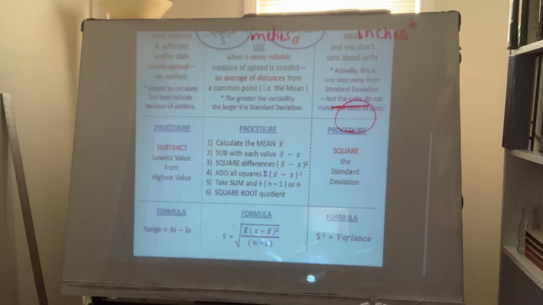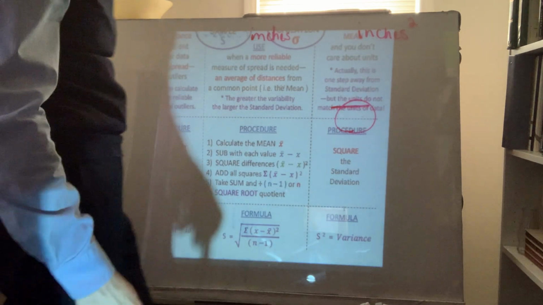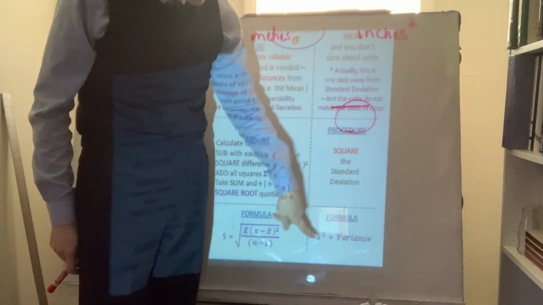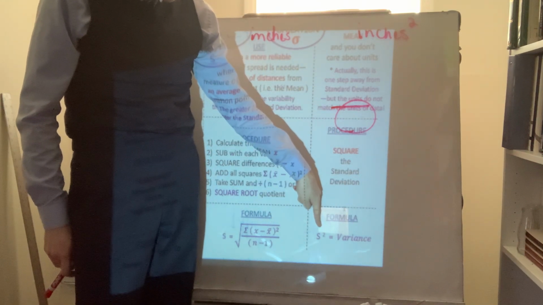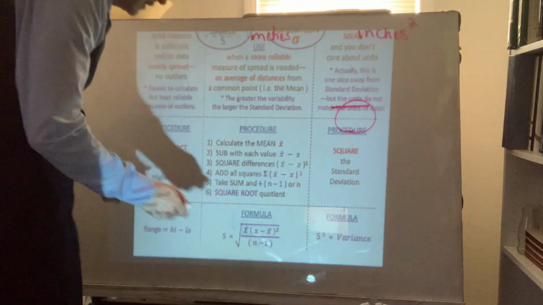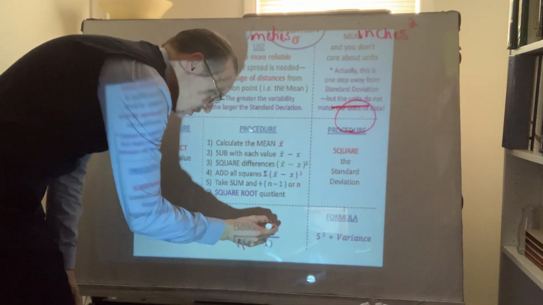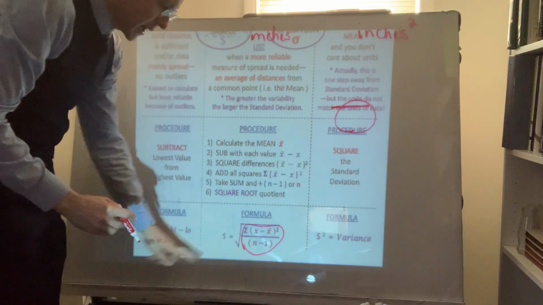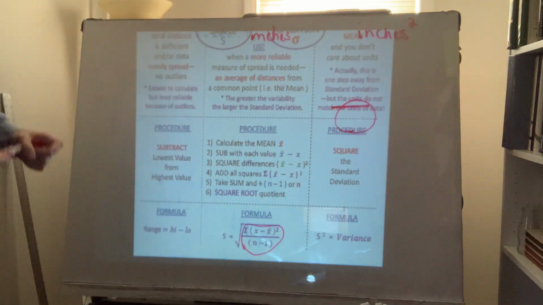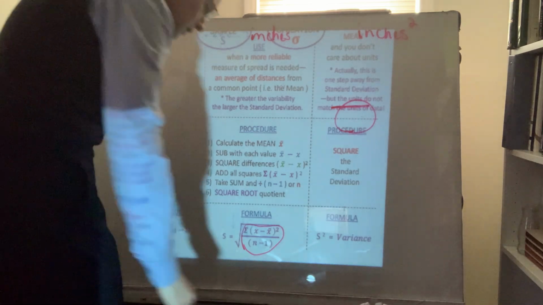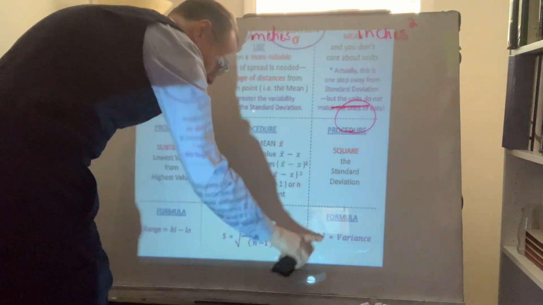All right. This is the abbreviation for the formula. Variance is essentially the standard deviation squared. Another way of looking at it, I suppose, is that it's really just everything that is underneath the radical symbol here. That's the variance. It's sort of undoing that.